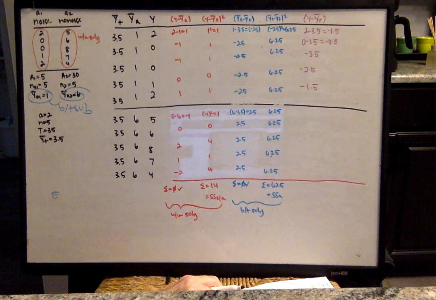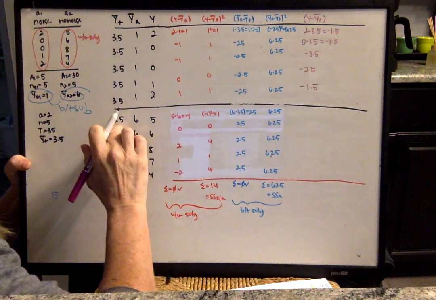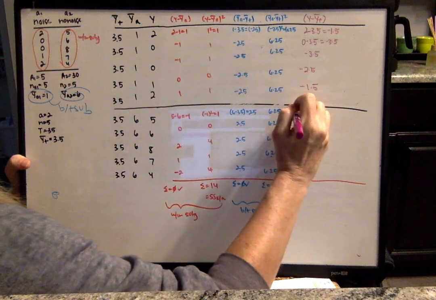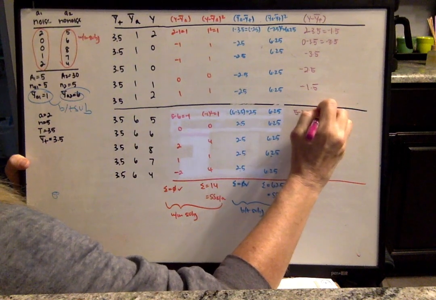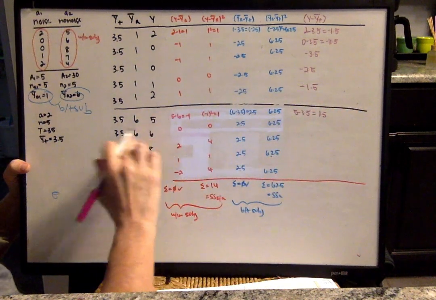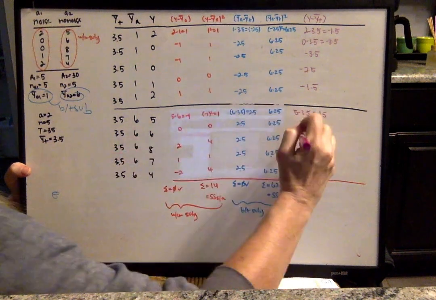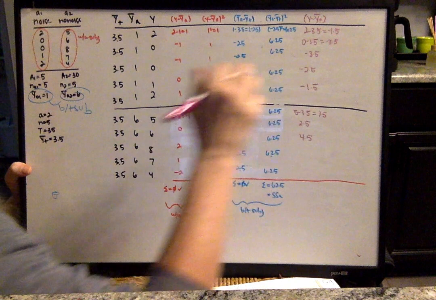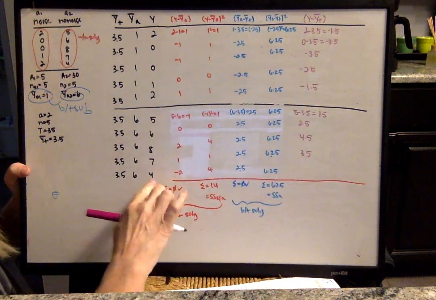All right, moving down to the next group, we're going to do exactly the same thing. We take the score and subtract y bar t. So 5 minus 3.5 is 1.5. 6 minus 3.5 is 2.5. 8 minus 3.5 is 4.5. 7 minus 3.5 is 3.5.